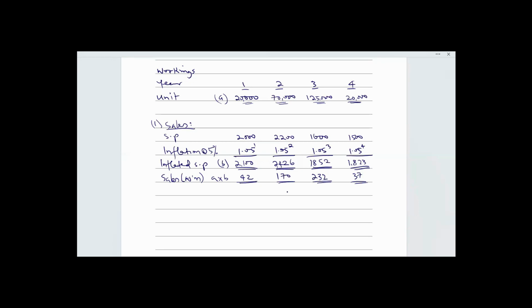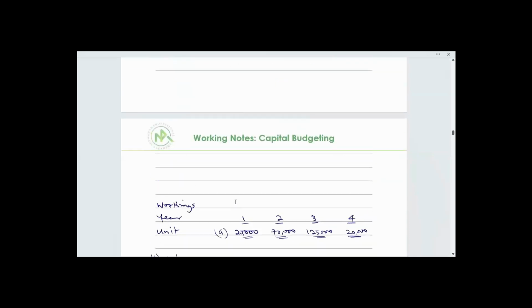So now that I have my sales value, I need to go and post. So the first year is 42, 170 for year 2.